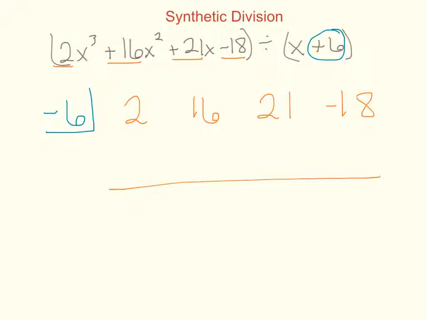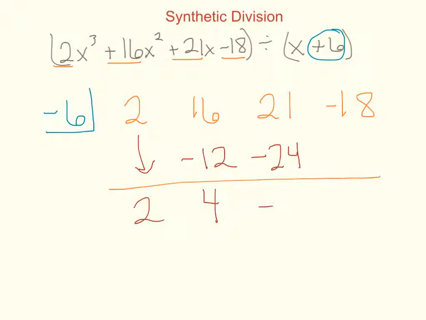Now we simply bring down and add. So we bring down the 2, and multiply and add. Then you do 2 times negative 6, which is negative 12. Add, you get 4. 4 times negative 6 is negative 24.